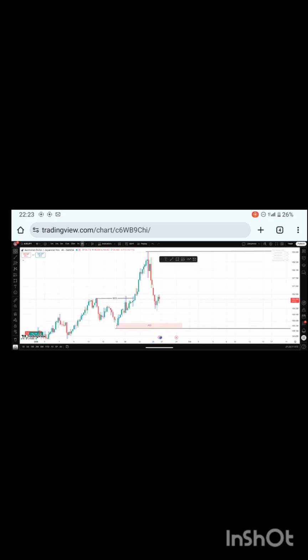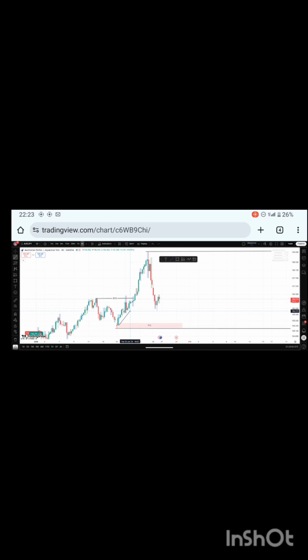The next POI zone we have is here. From this place upward, all the candlesticks were just moving up, breaking the high. None of them took out a low, except this red candle taking out the low of the previous green candle.